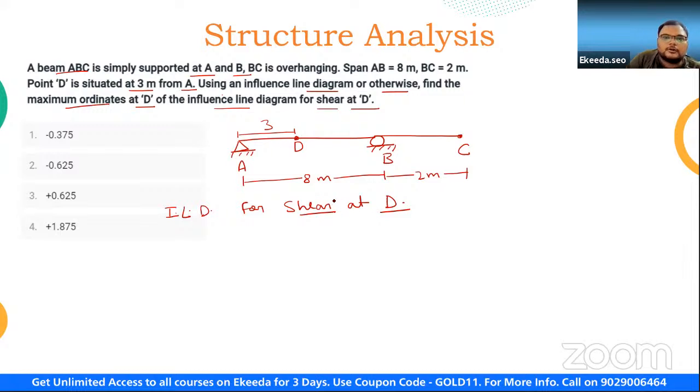So how to draw the influence line diagram for shear at D? I have given you enough hints, right? So first, you have to find out how to draw the influence line diagram for shear at D. Once you know the influence line diagram for shear at point D, you will be able to calculate from that ILD the maximum ordinate at point D.